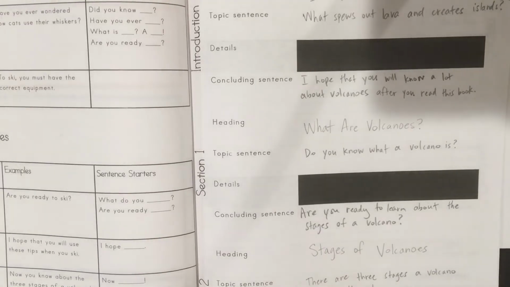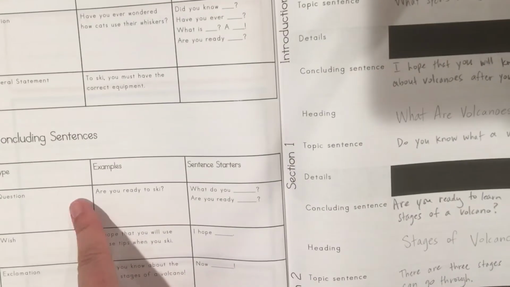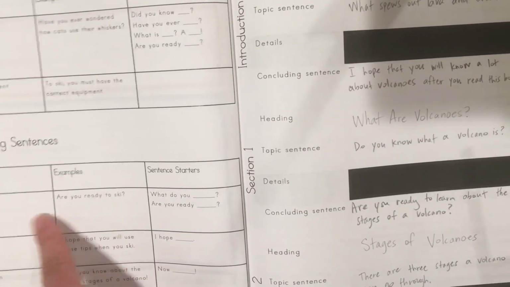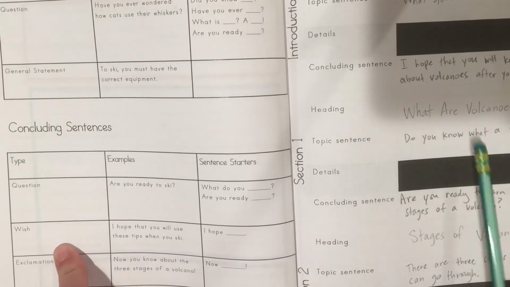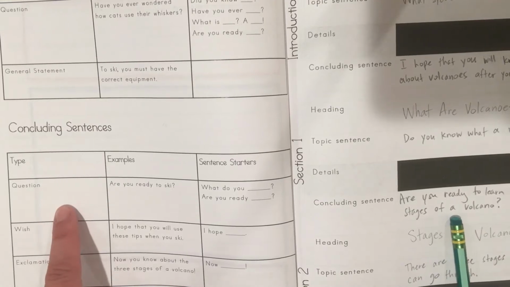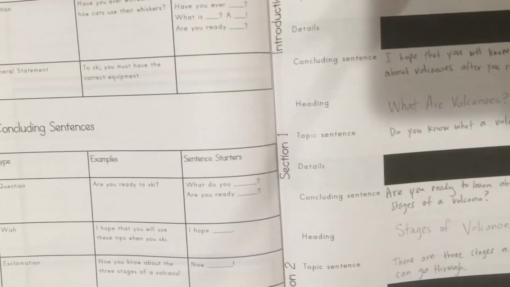Question. Okay, so I'm asking my reader a question. For the first one, I did a wish statement. For the second one, I asked a question. Okay, so I want to make sure I'm doing something a little bit different each time.